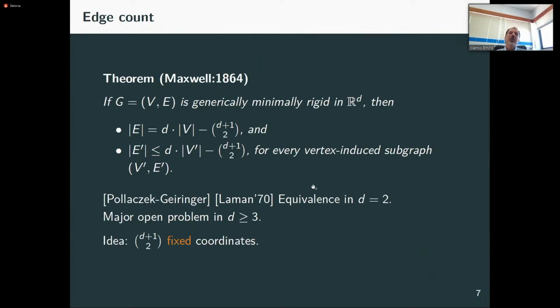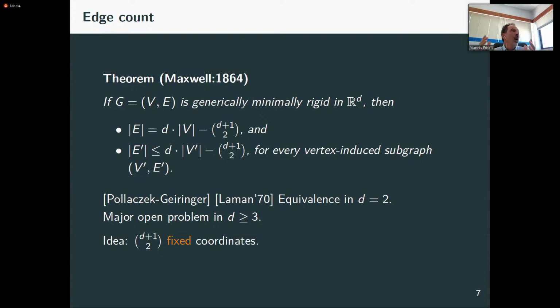So, a very important theorem from more than a century ago gives us one direction to characterize rigidity. It says that if the graph is generically rigid and minimally rigid in some dimension d, then the number of edges, the number of constraints, is the number of constraints we would expect as algebraists.